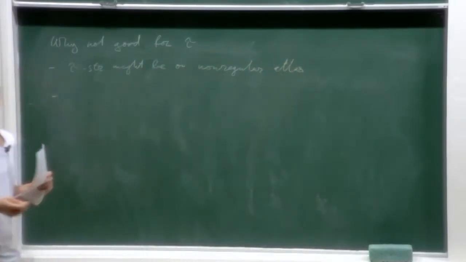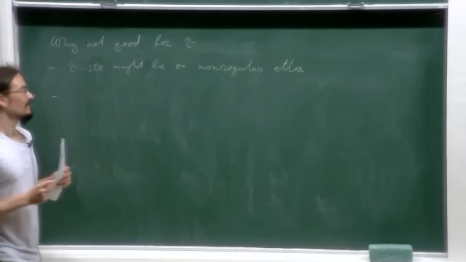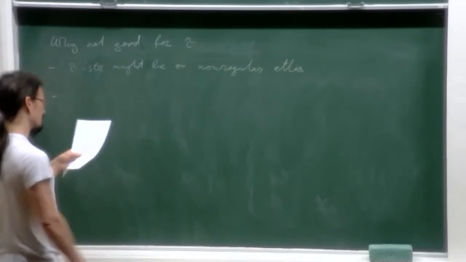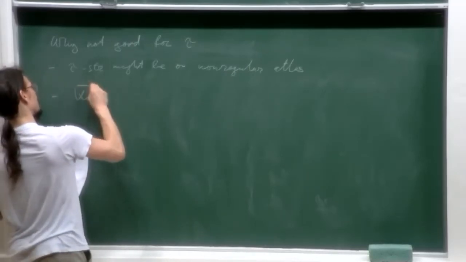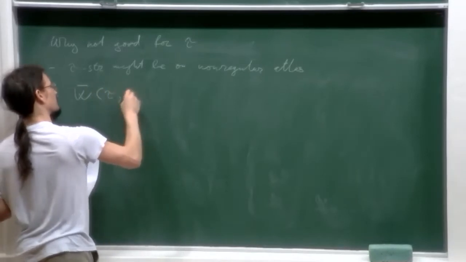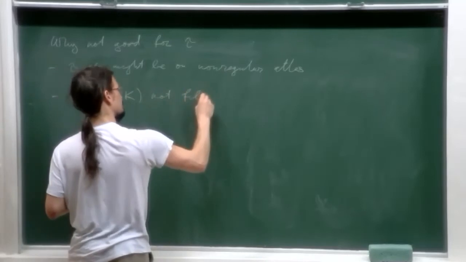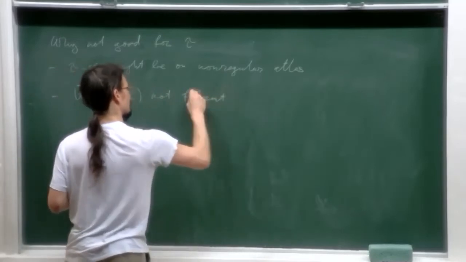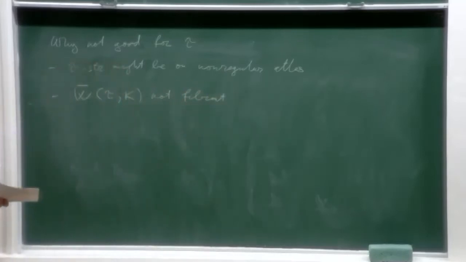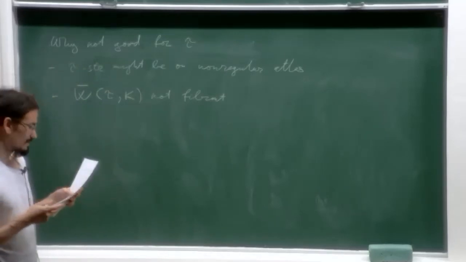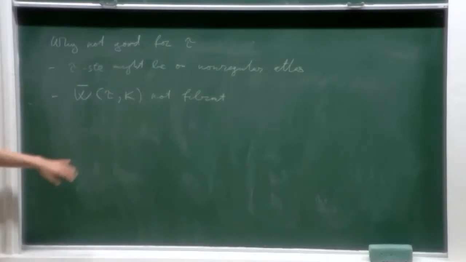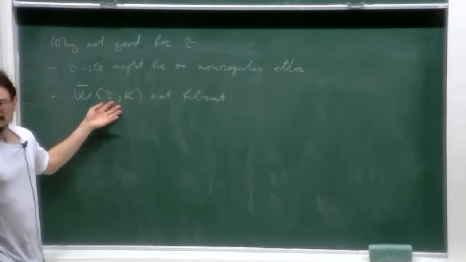And another reason why it's difficult to deal with is that this simplicial set is not fibrant, which makes it more difficult to study its homotopy theory. So we constructed a different simplicial set.